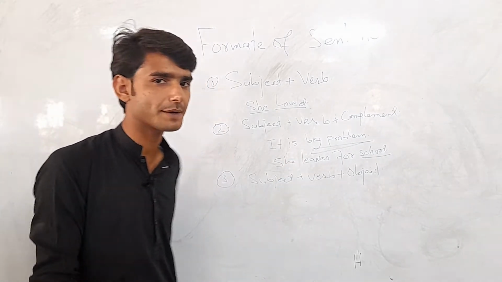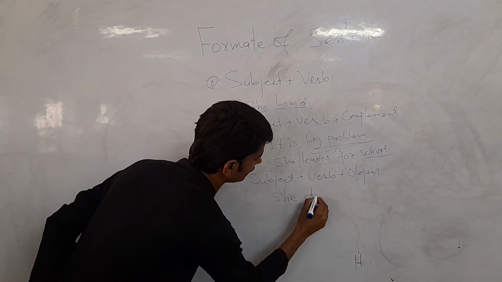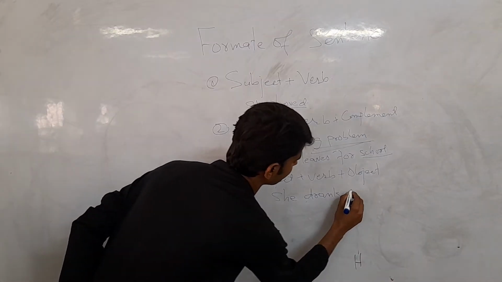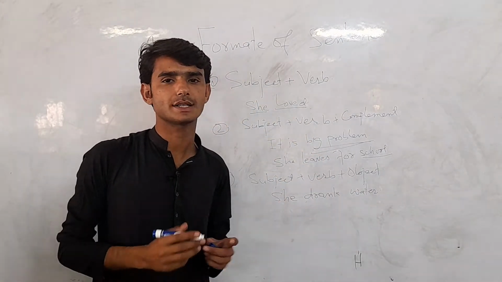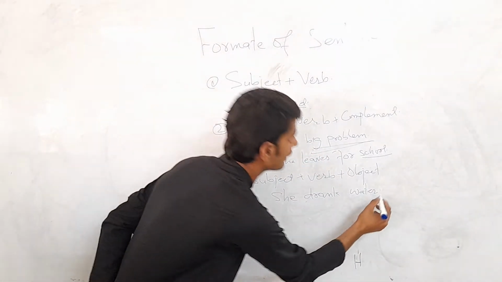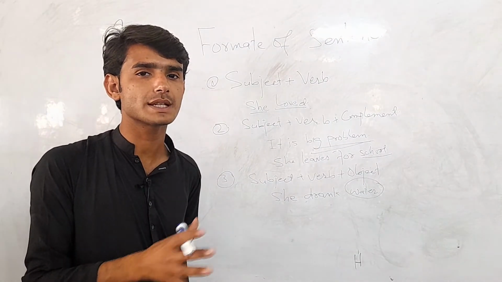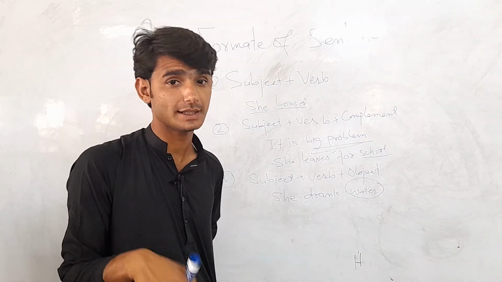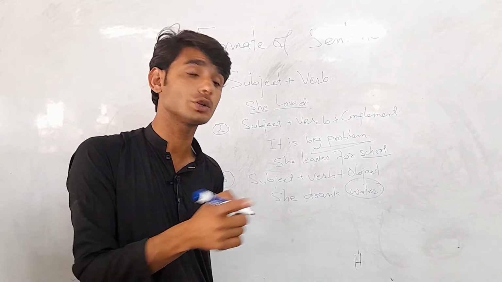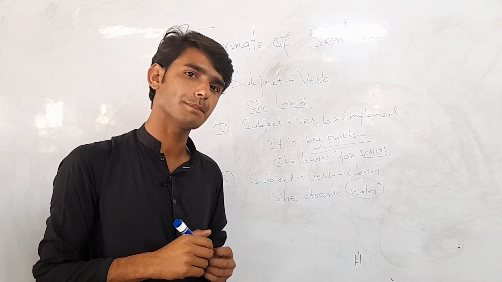We can have an example for this one: She drank water. In this sentence, water is the object. Why is it the object? Because we can make the passive of the sentence. It can be converted from active voice to passive voice.